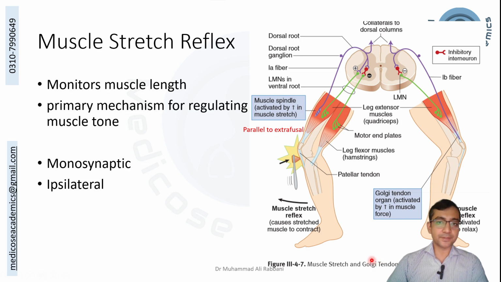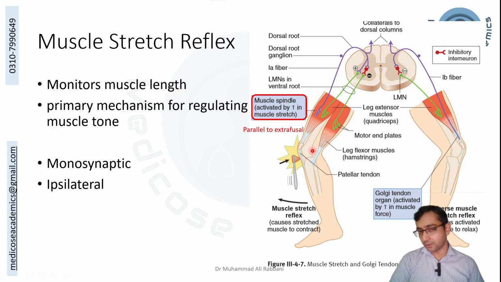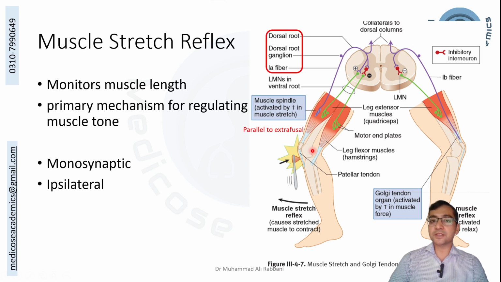Muscle stretch reflex. It monitors the muscle length. The primary mechanism is that when the muscle is lengthened due to a hammer or anything else, muscle lengthening will activate the muscle spindle, and the signal is carried through the alpha 1A fiber to the dorsal root ganglion, dorsal root.